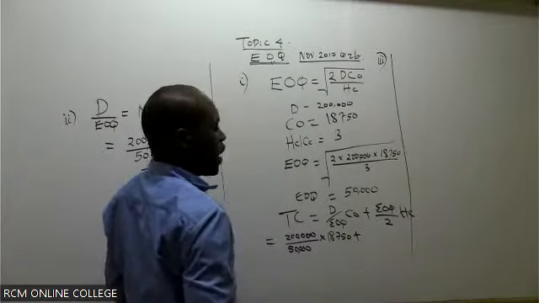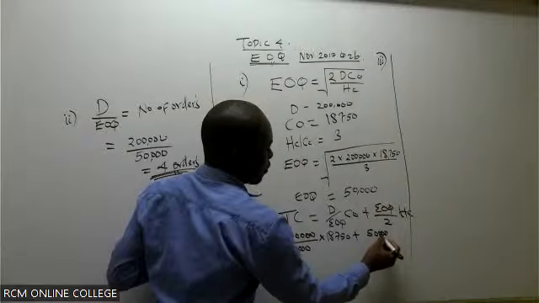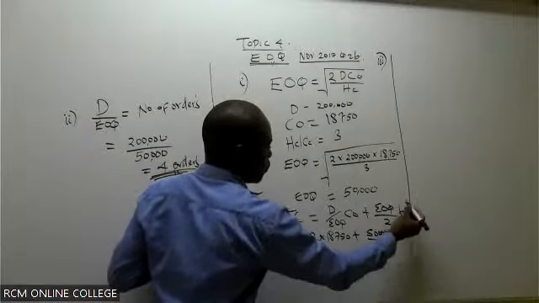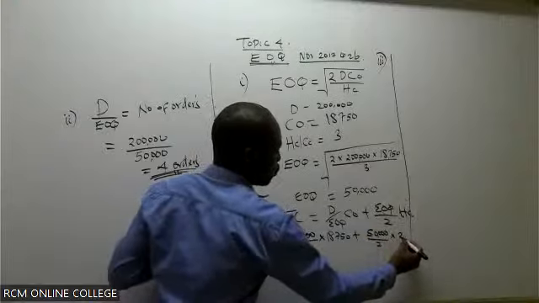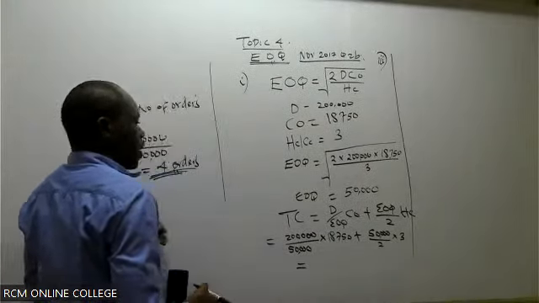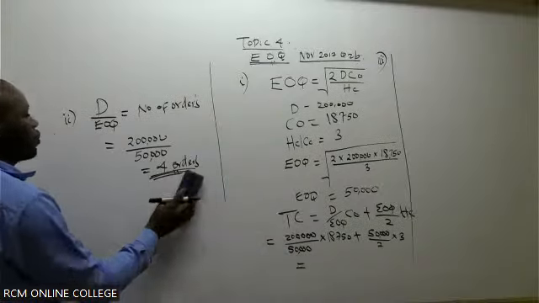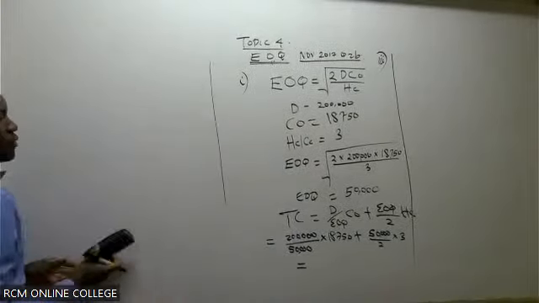To that, we add economic order quantity divided by 2, then multiply by holding cost, which is equivalent to 3. So I want you to go ahead and give me the result here. Remember that we are dealing with economic order quantity. So go ahead and give me the total cost.